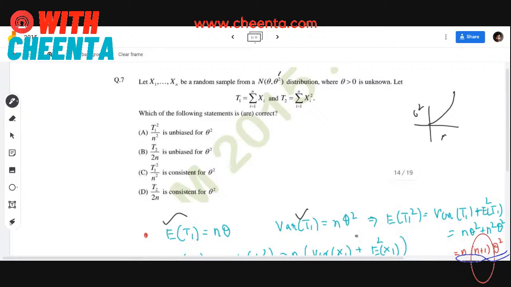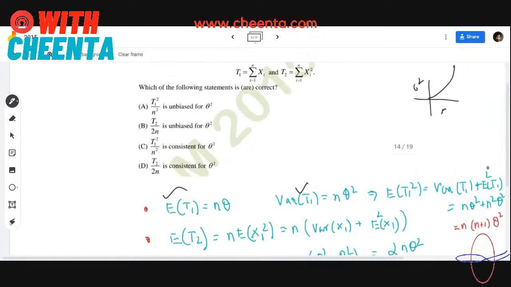Let's find the expectation of T1 square. That's why we did variance here, because variance is equal to expectation of T1 square minus expectation of T1 whole square.